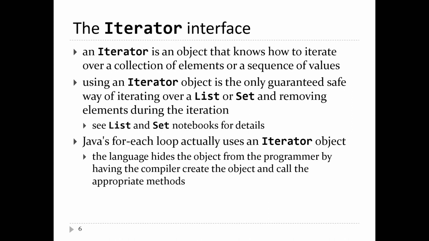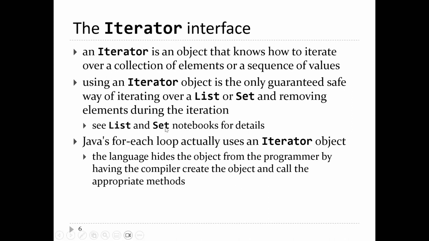Every list is able to provide an iterator object, and you can use that object to look at all the elements in the list. So when you write a for each loop that runs over a list, the list is actually making you an iterator object, and the compiler is using that object to visit every element in the list.